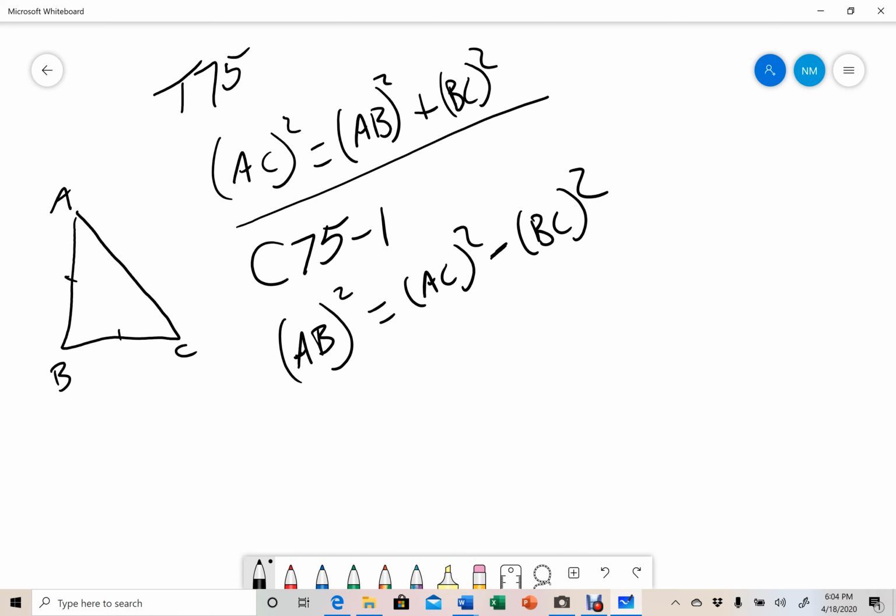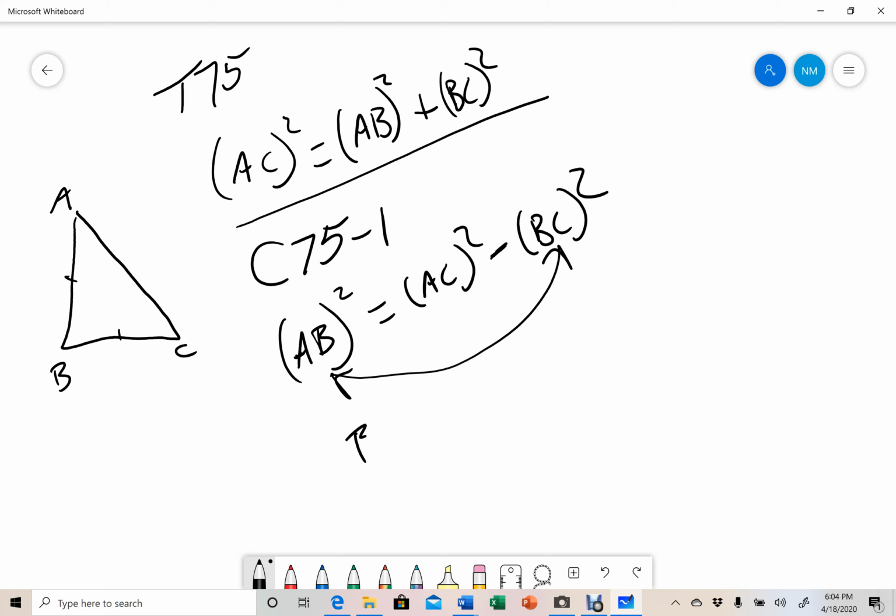So corollary 75-1 states I can take any leg of my right triangle, square it, and that is going to be equal to my hypotenuse squared minus the other leg squared. Now I can switch these around. It doesn't have to be this side or this side specifically. It can be either one.